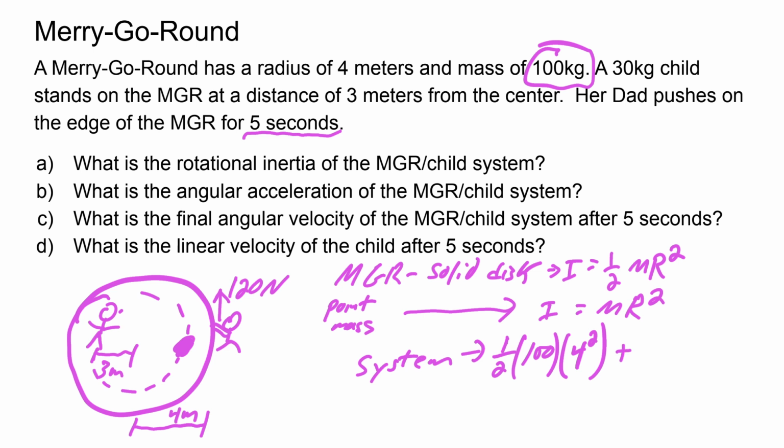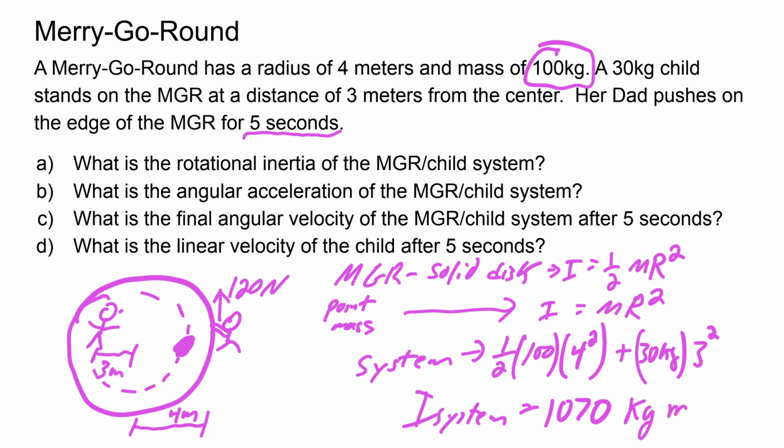Notice the child's not on the edge, so their mass, what was their mass? 30 kilograms, and they were at 3 squared meters. Alright, and we'll multiply that out and get our I for the system. And I get 1070, and the units for this are kilogram meter squared.